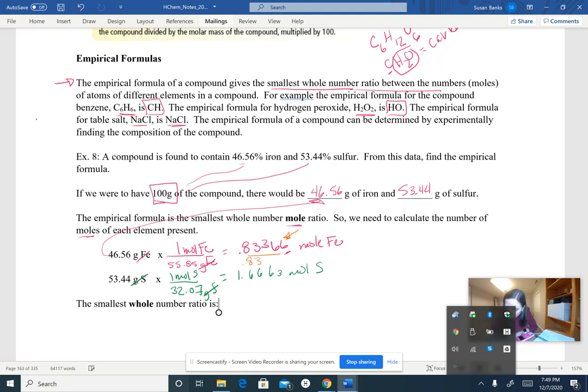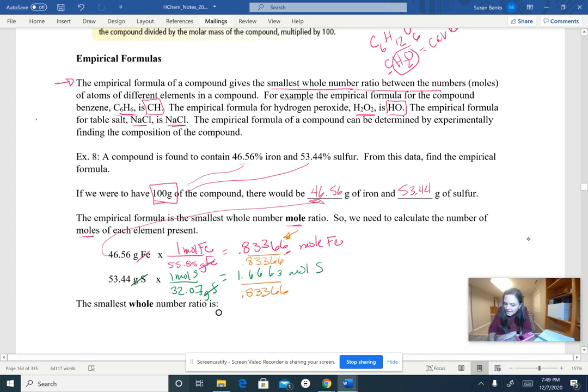So we're going to use that as our divider. I'm going to divide by 0.83366 on both of these. And when I do that, anything divided by itself is 1, isn't it?